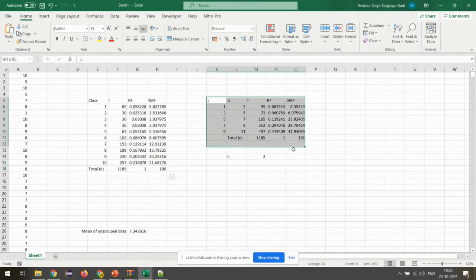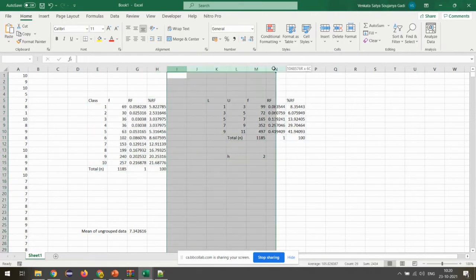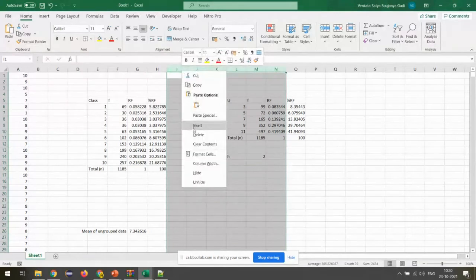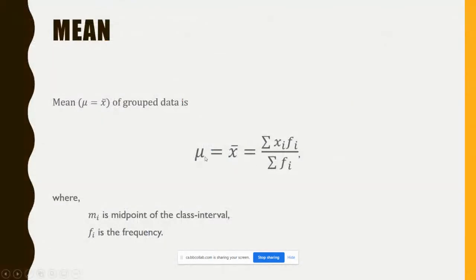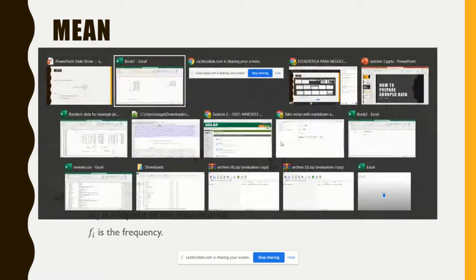We have two different grouped data sets. Let us try to find out. Okay, in this, what's the formula we use? This is the formula. We represent it with x bar or mu. And how do we calculate it? Sum of x times f divided by sum of f. What is x? If you remember, x is the midpoint.